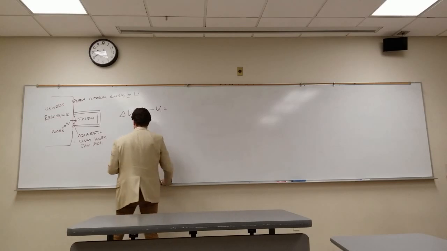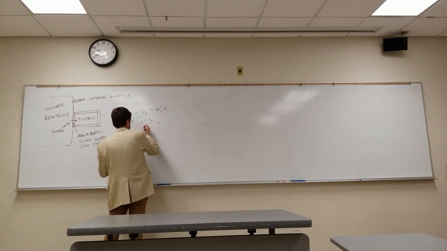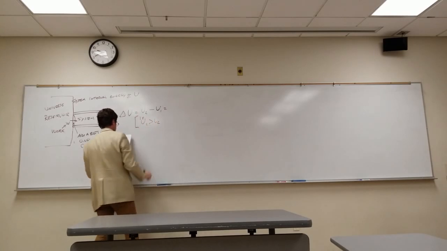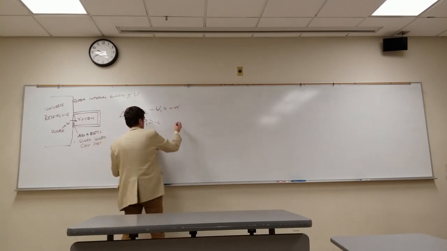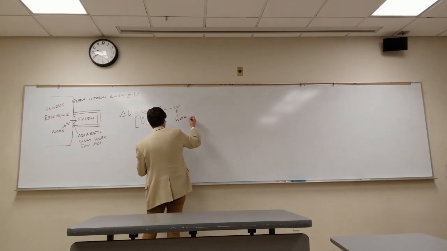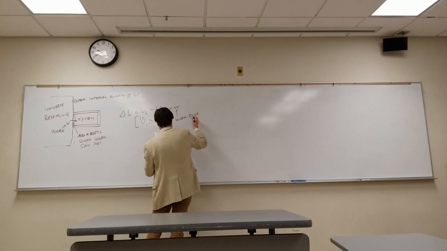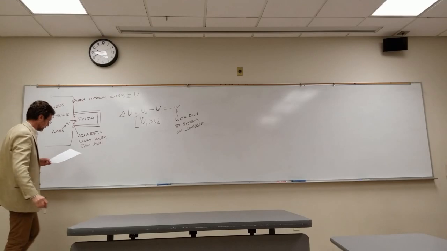Before I write that up, let's say U1 is greater than U2, then this is equal to negative W. Our W is defined as the work done by the system on the universe.